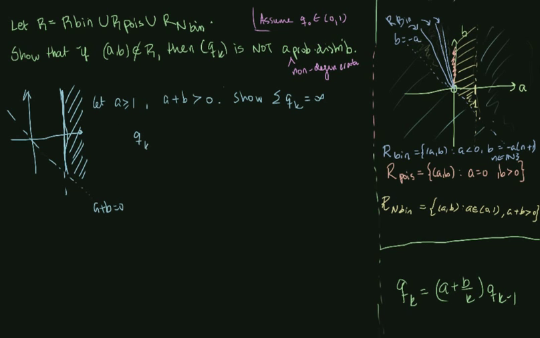In order to calculate this formally, let's try to write QK in terms of A plus B and not just A plus B over K, because we have some assumptions on A plus B and we really want to use them. So the way we can do that is, I have A plus B divided by K, and I would really like to have something where it's just A plus B. So I have A plus A divided by K plus B divided by K minus A divided by K. So I just add and subtract the same thing.